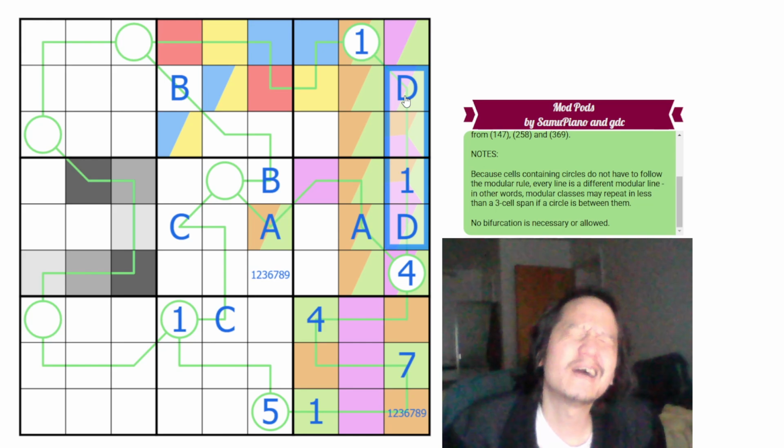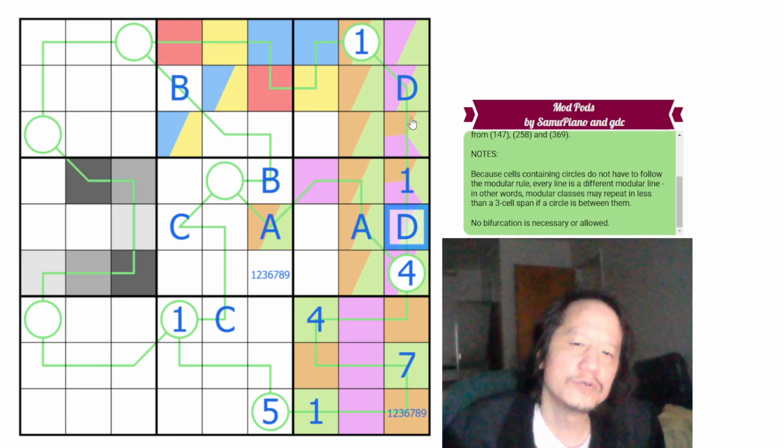Therefore, you would have to have 1, no 4. So 1, 2, 3, 8 could work. So this could be 2 and 8.